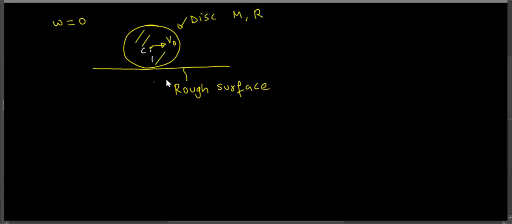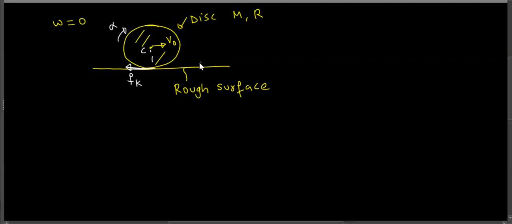Because of the surface being rough, the surface will apply a friction force to the left. You understand this? Now this friction force will reduce the velocity of center of mass, and then it provides an angular acceleration which will start giving angular velocity.